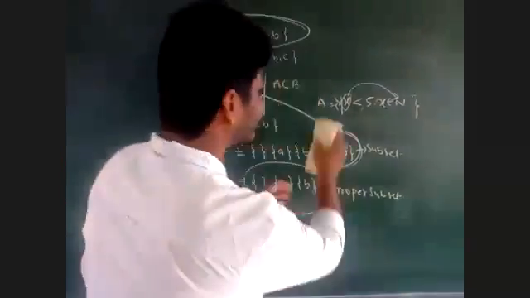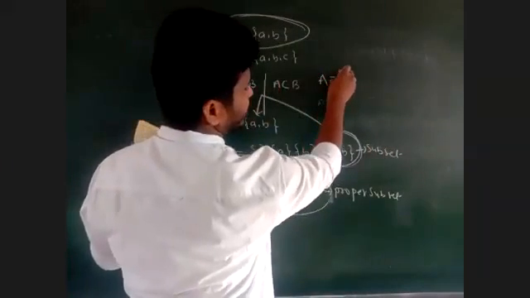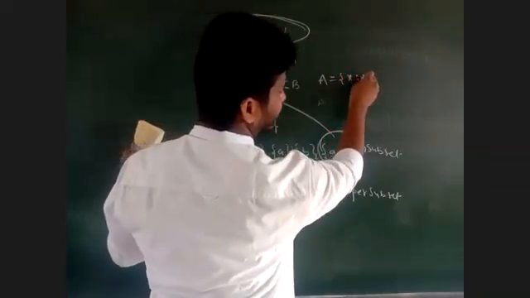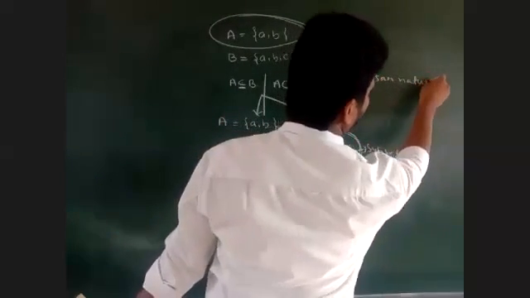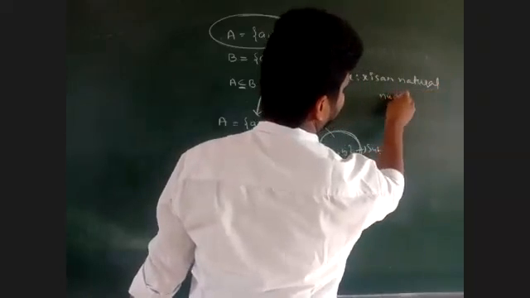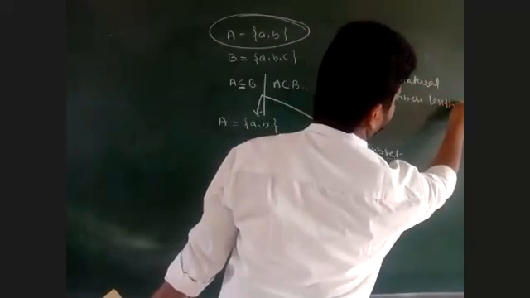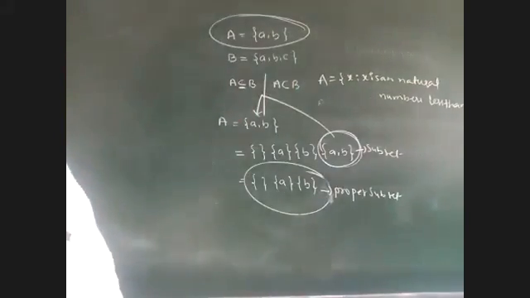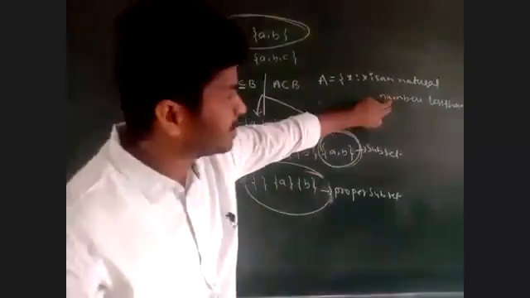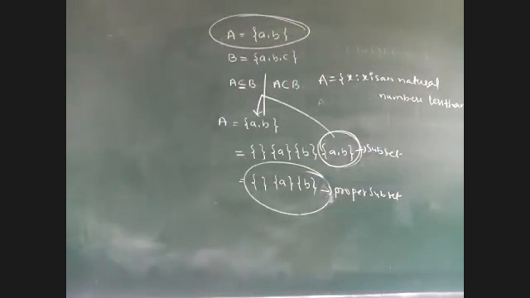Otherwise, take this example. Set A equals x such that x is a natural number less than 5. Then tell me, what is the meaning of this statement? Natural numbers less than 5.